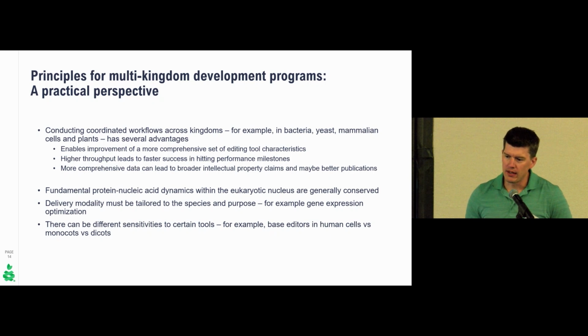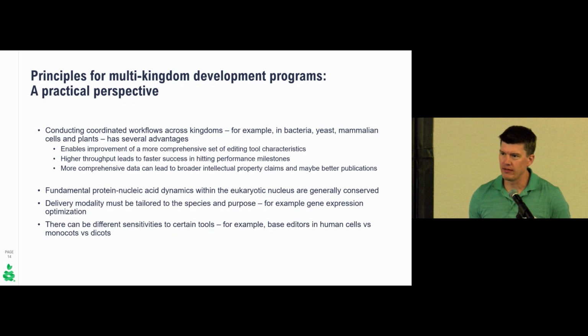And one thing that I don't want to go too deeply into, but I'll just mention here, is that Pairwise has experienced some differences in sensitivities to some tools. Base editors are probably our best example. The human cells that we've used have been pretty much impervious to the effects of base editors, whereas in monocots we've seen a little bit of cytotoxicity of the base editors in the system, and they inhibit regeneration to some extent.